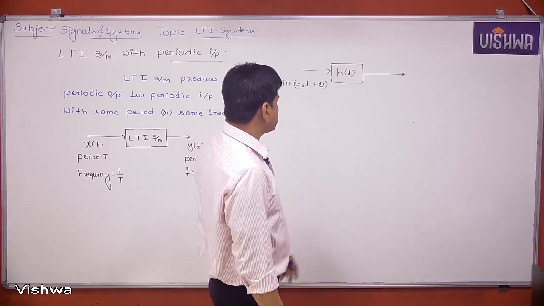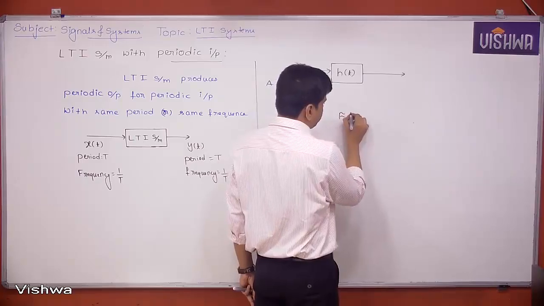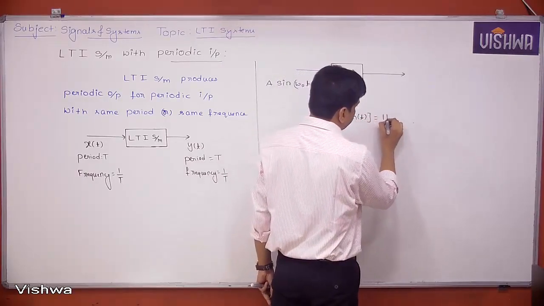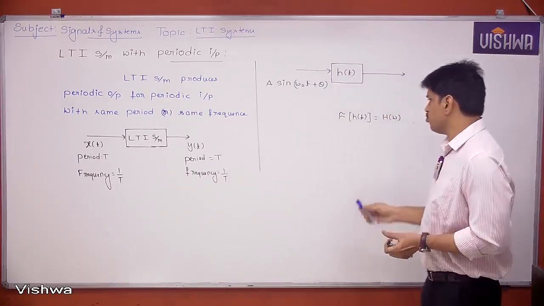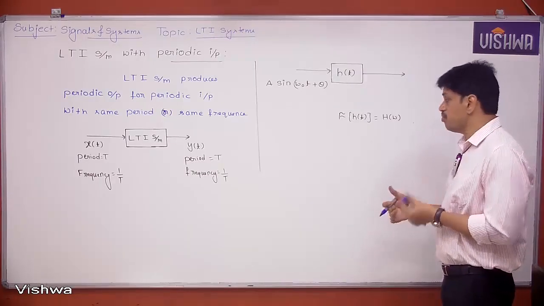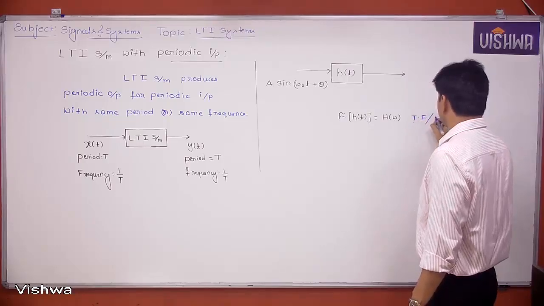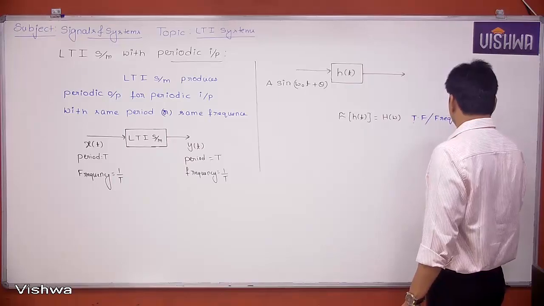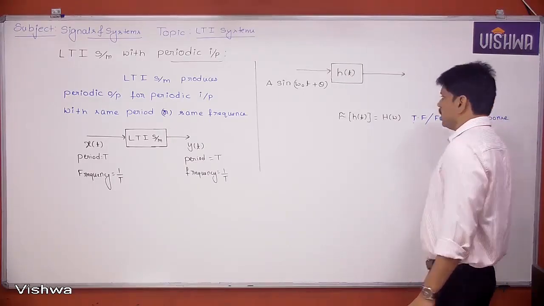Now, first we have to understand that h of t has Fourier transform H of omega. This H of omega is called the transfer function, or sometimes the frequency response. Now listen carefully.